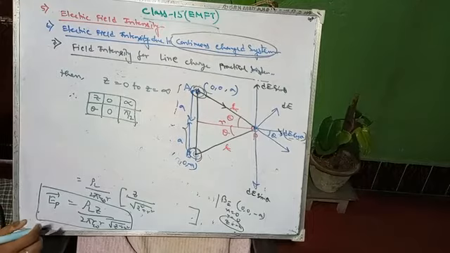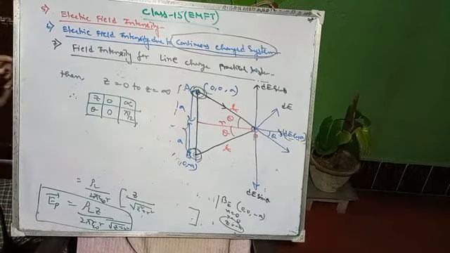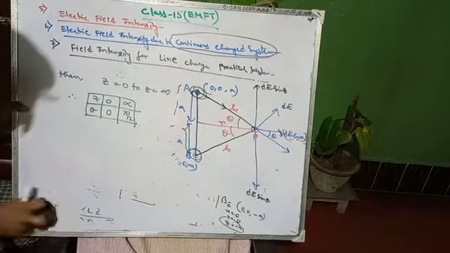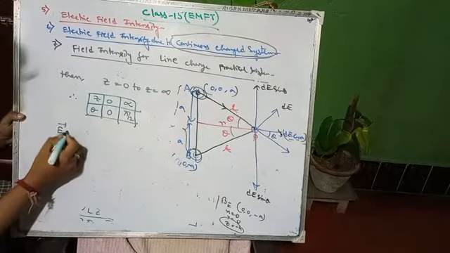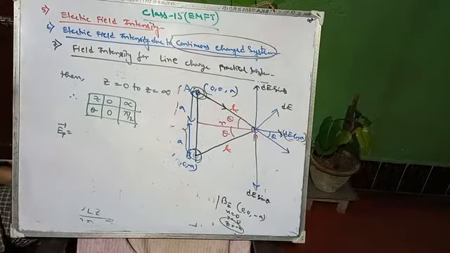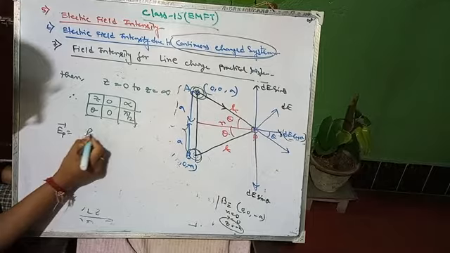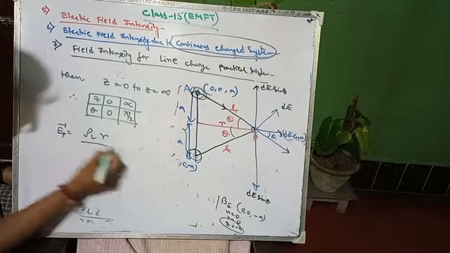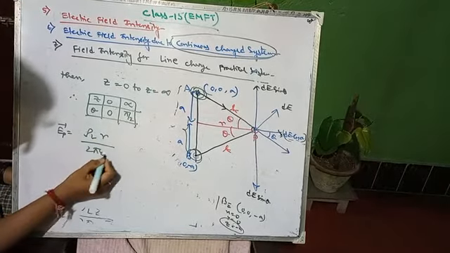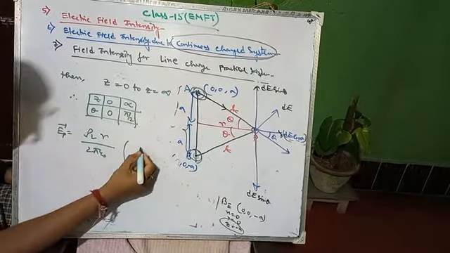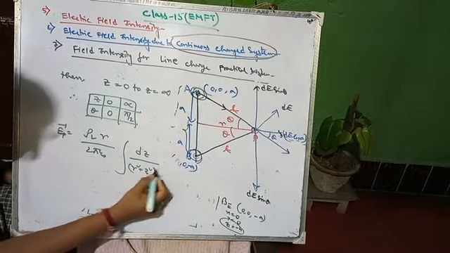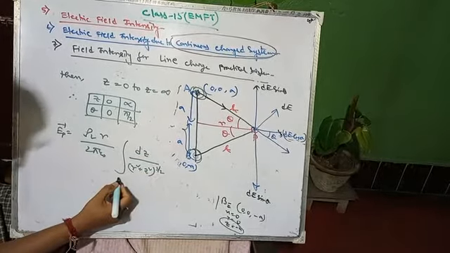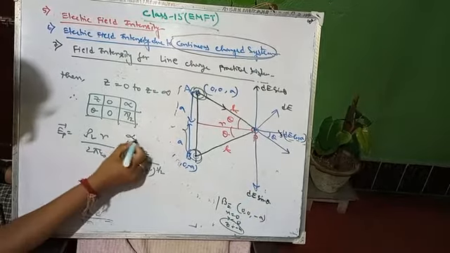So the limit will change to 0 to pi by 2, and the integration also will change a little bit. So EP equals rho L by R by 2 pi epsilon naught integration of dz by (r square plus z square) to the power 3 by 2, and here it will be 0 to infinity.